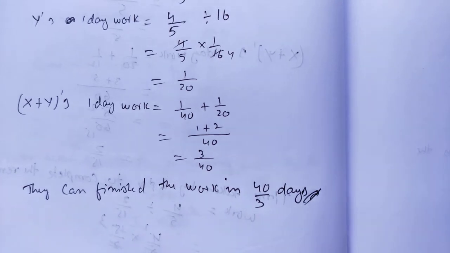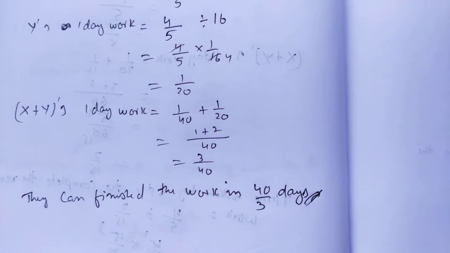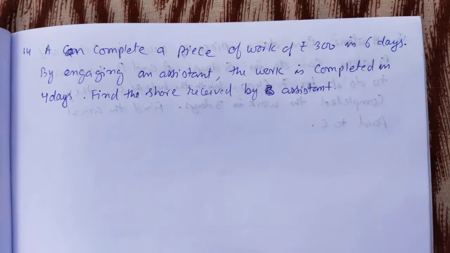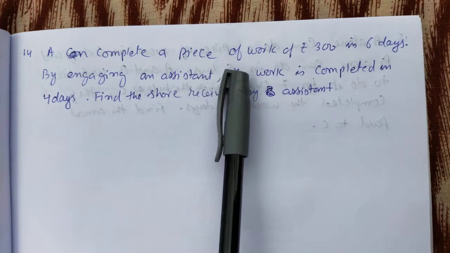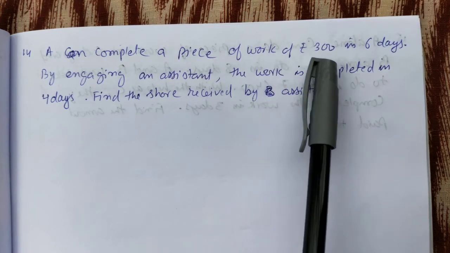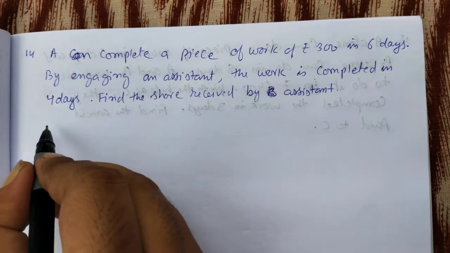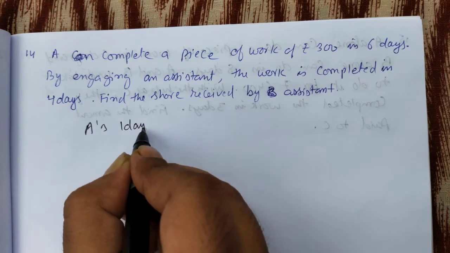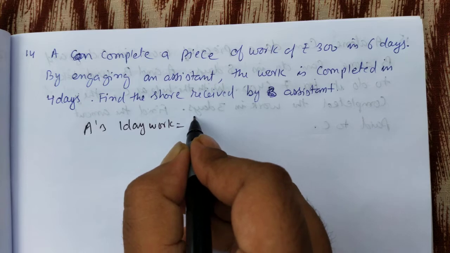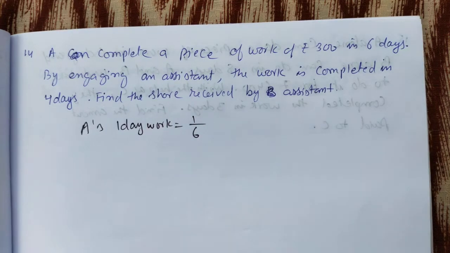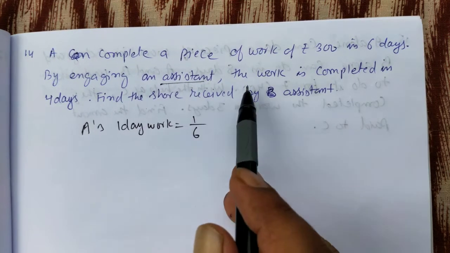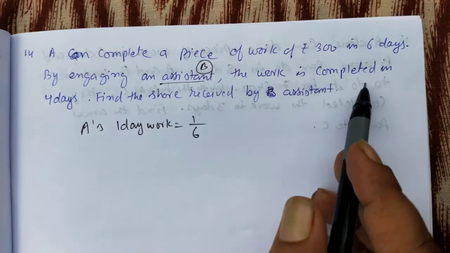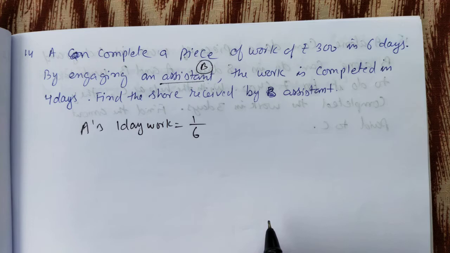Let's do question number 14. A completes a piece of work of rupees 300 in 6 days. So A's 1 day work is 1 by 6. And if he engages an assistant, if assistant is B, the work is completed in 4 days.